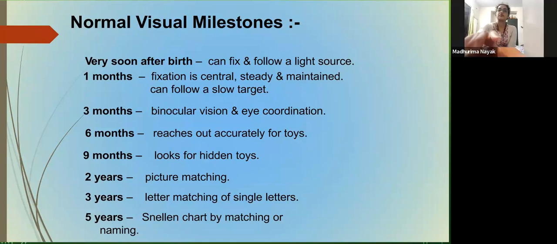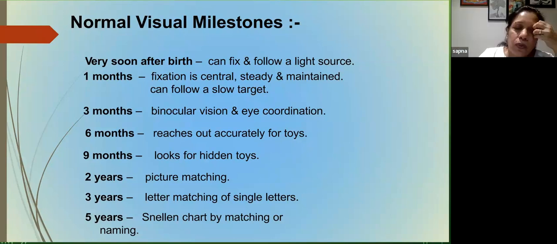So before we go into the assessment of vision and details, there are some visual milestones we should always remember. Like we know the developmental milestones of the body, certain visual milestones should always be there. The commonest one is that at 2 to 3 months, a child should have a social smile.